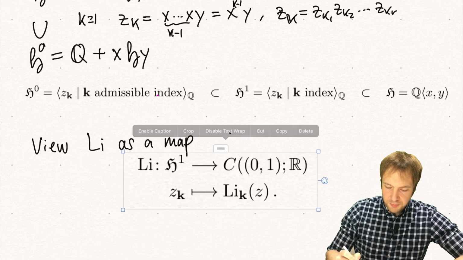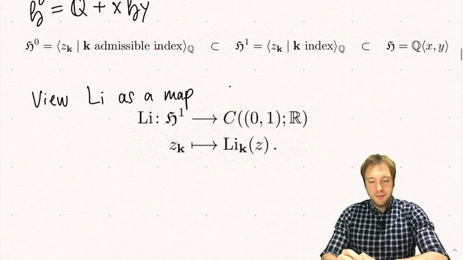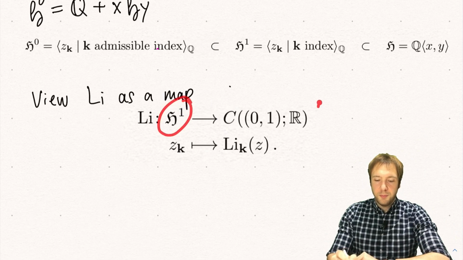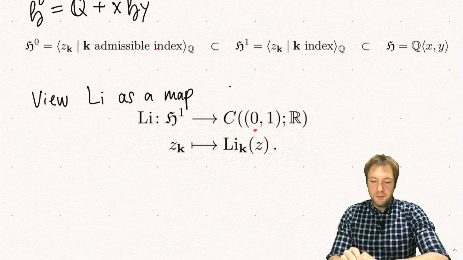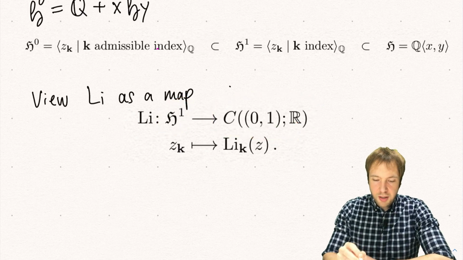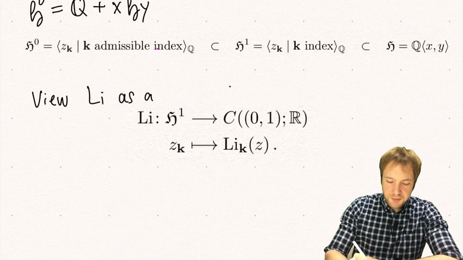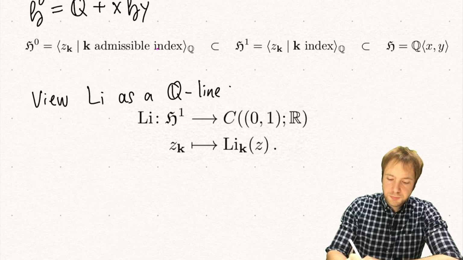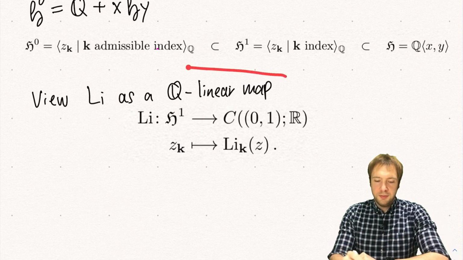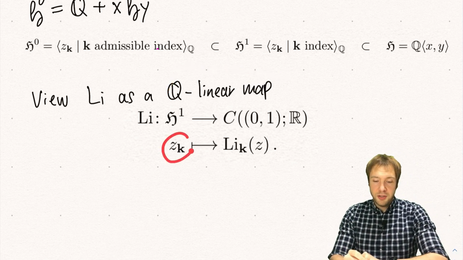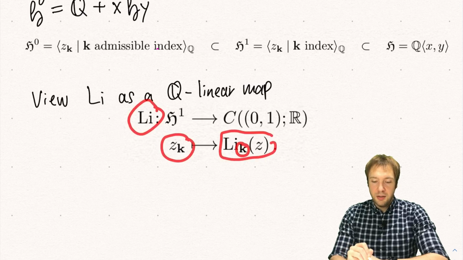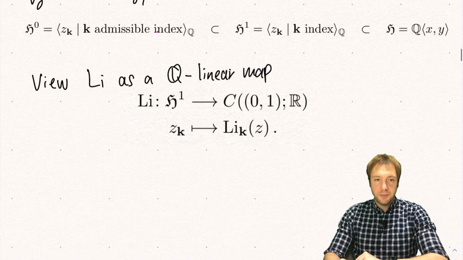So what we will consider is this Li as a map from H1 to the space of all continuous functions from (0,1) to R, and we consider it as a Q-linear map. So it's enough to just define this map on the generators. H1 is generated by these z_k's, and the image of Li on the z_k, we just send it to Li of this index k.